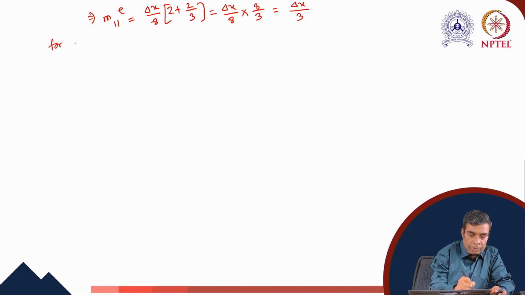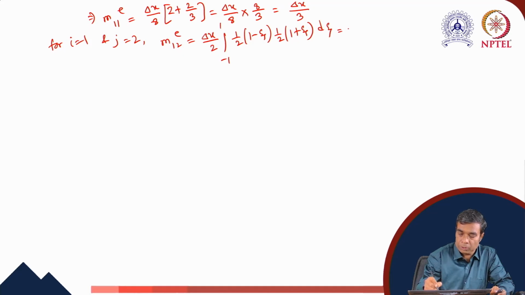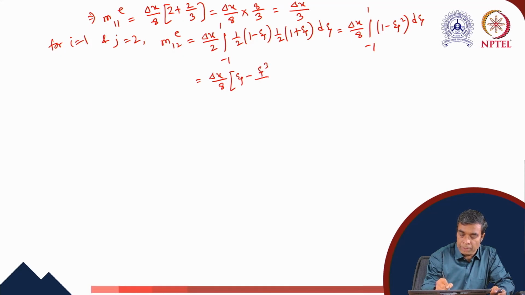So for i equals 1 and j equals 2, we have M12e equals delta x by 2 integration -1 to 1, psi 1e is half into 1 minus xi, and psi 2 is half into 1 plus xi, into d xi, equals delta x by 8 integration minus 1 to 1 of 1 minus xi square d xi. This reduces to delta x by 8 into xi minus xi cube by 3.